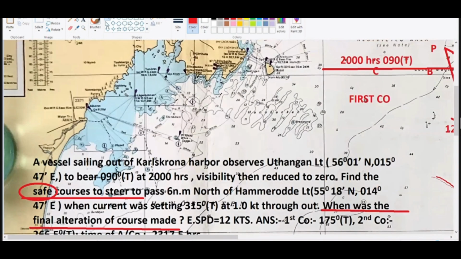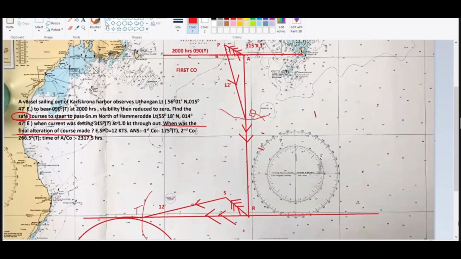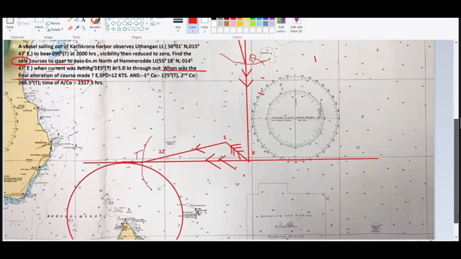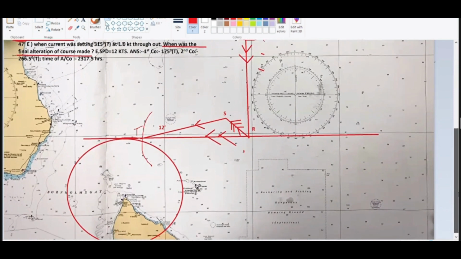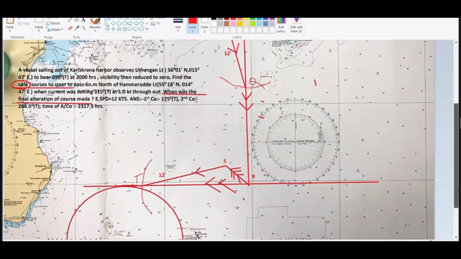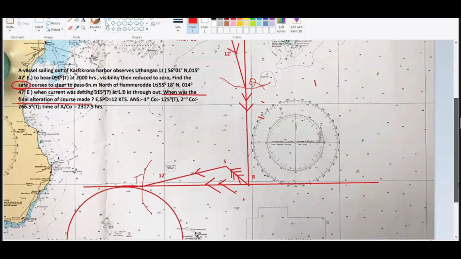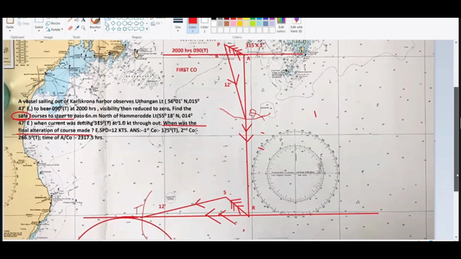I am drawing at the point R. From R again the counteracting, because the CMG is known, CMG is 270. Apply the current again, 315 into 1 mile, and from S 12 miles on the course made good line and got the T point. Join ST. ST will be your second course. That means my answer: first course 175, second course is 266.5. So this will be your second CTS.